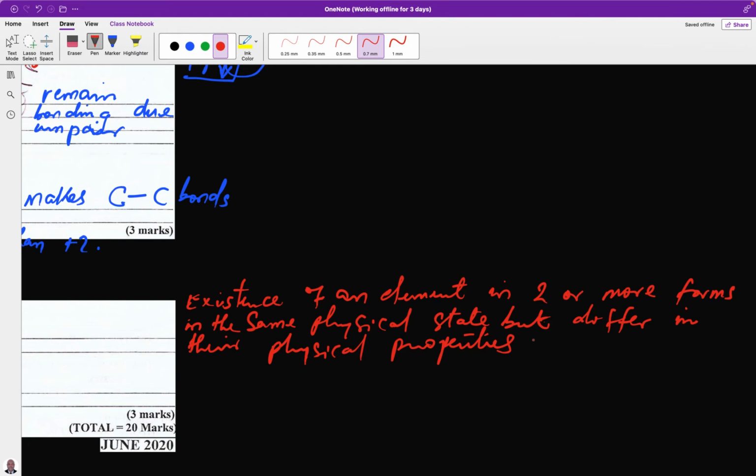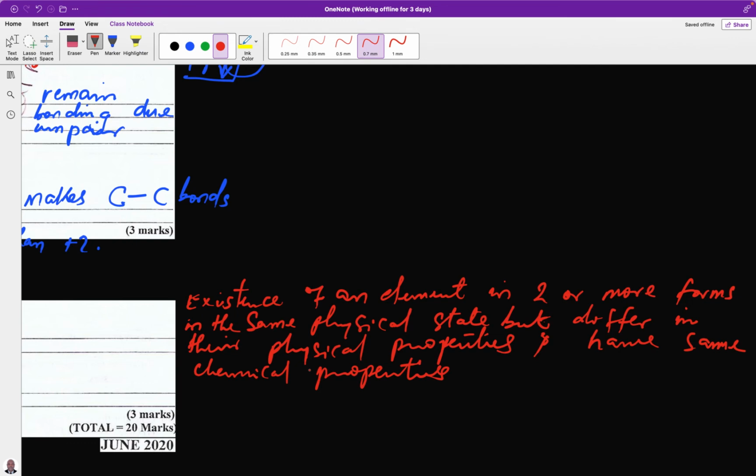Their physical properties differ, but they have the same chemical properties. So they exist in two or more forms in the same physical state, but differ in their physical properties and have the same chemical properties.